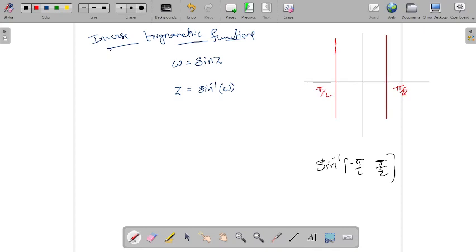But is it true? If I cut it here, is it going to become 1-1 and onto? What is your answer? Okay, so try to think about it. You try to find a domain where it is going to be 1-1 and onto.